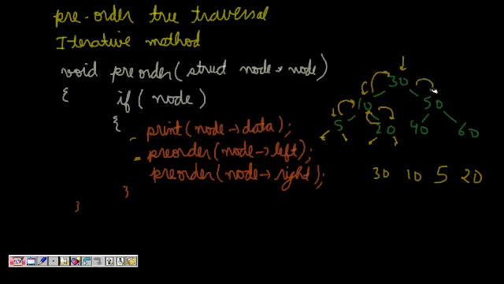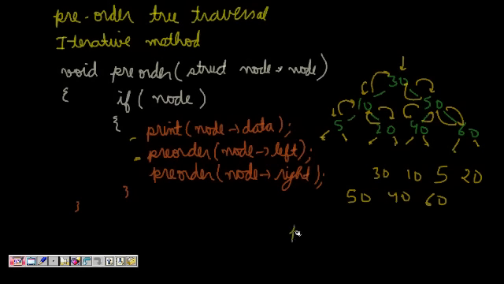We come to node 50, print that, go to pre-order node left, print 40, come back, and then go to 60. These are null, so it comes back. So this is what is printed: 30, 10, 5, then 20, then 50, then 40 and then 60.